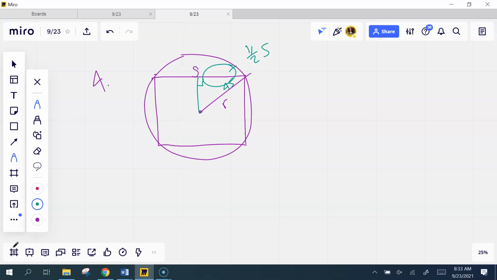So this is 45, and I've got 1/2 S. These have to be the same, right?